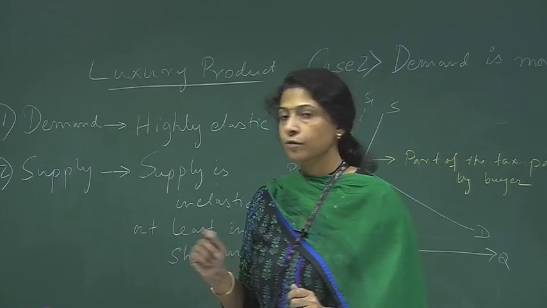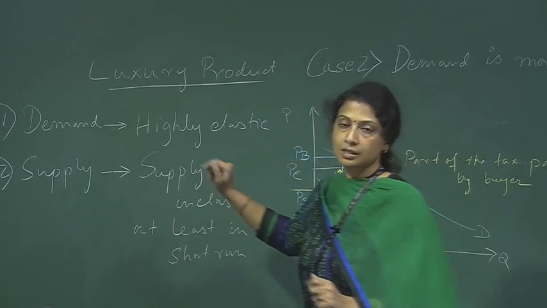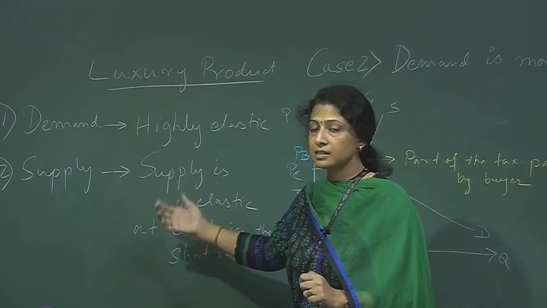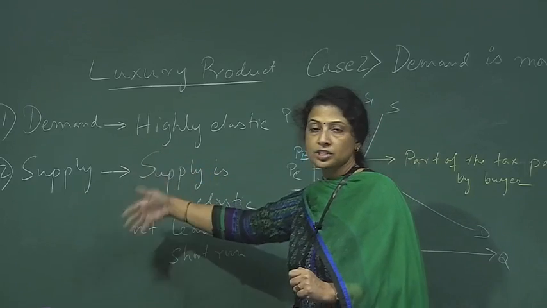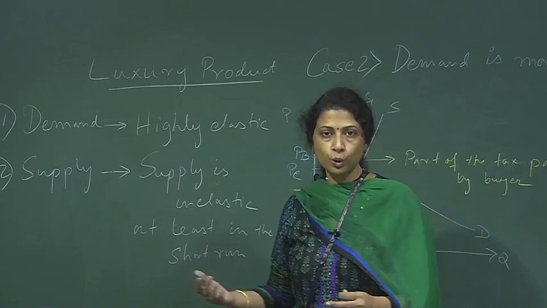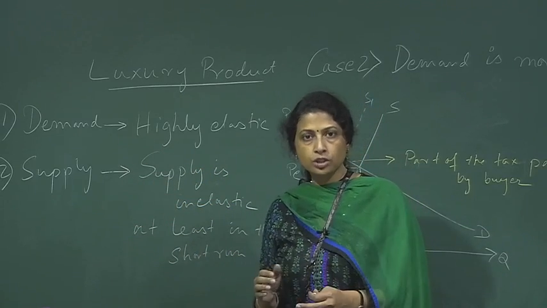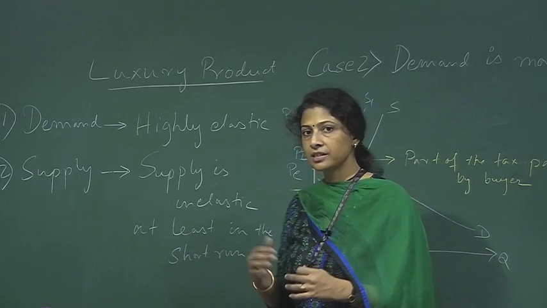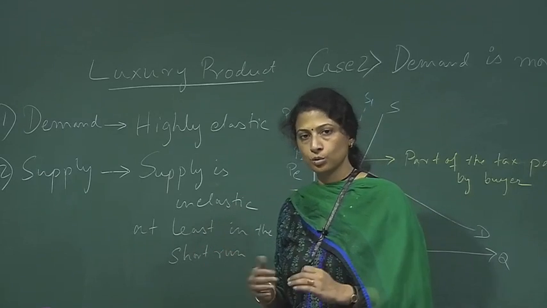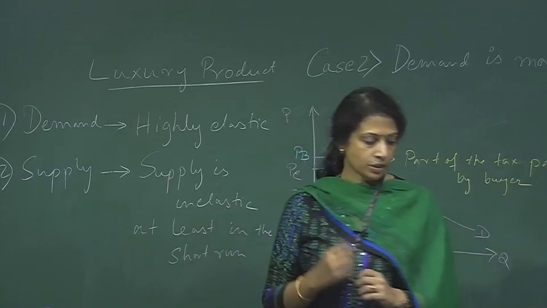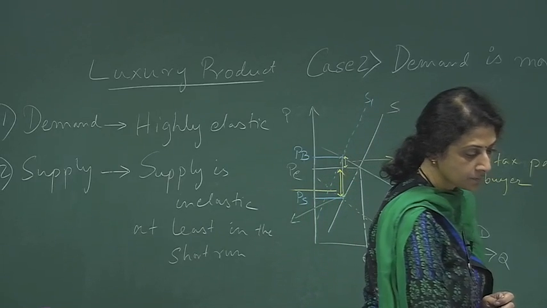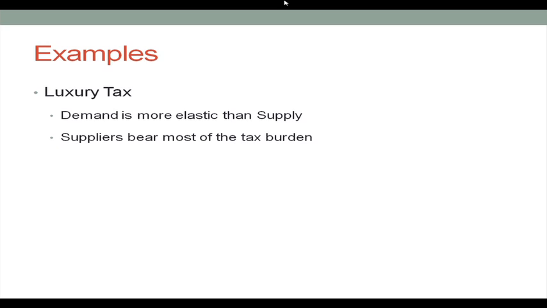Since elasticity of demand for luxury products is very high, it makes sense to encourage this sector to grow and be more efficient, and to reduce their costs and prices, so that the overall revenue grows in the sector. So this was about luxury tax, where demand is more elastic than supply, and suppliers bear most of the tax burden.